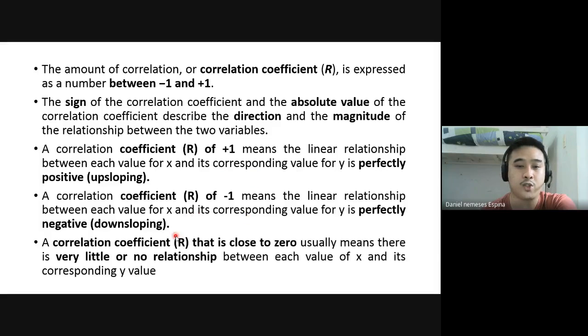Kung magkaduol sa zero, then you cannot use the values of x to determine the outcome of the values of y because they are not correlated. Okay, so that's the meaning of the results of the correlation coefficient.